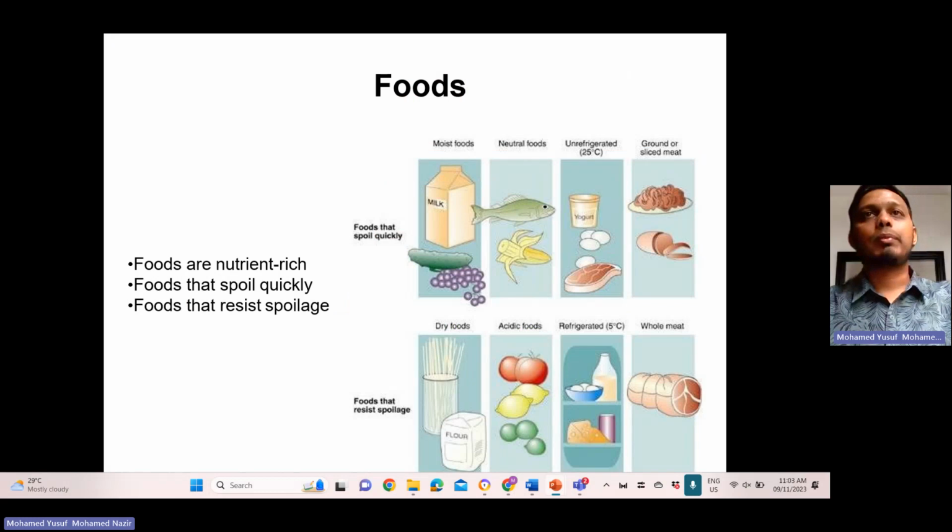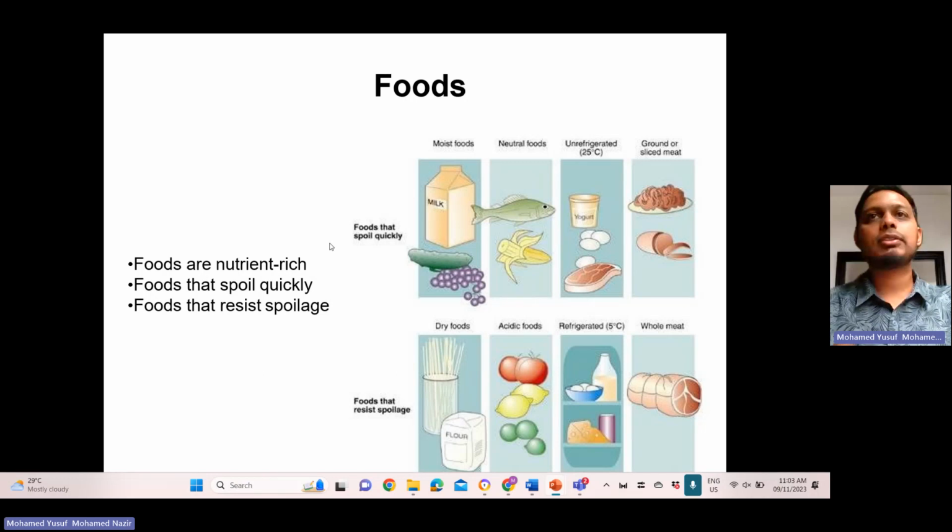So this is a quick overview about food. You all know what food is, but we normally can divide it into several categories. The basic aspect of food is that food is normally rich in nutrient.